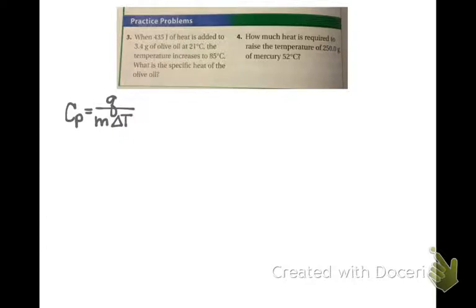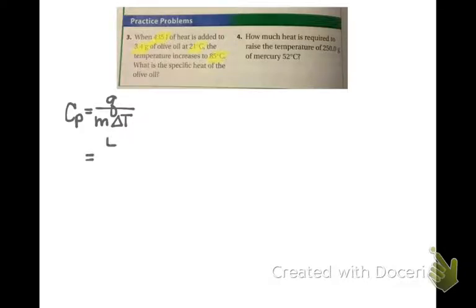And if I look back up in the problem, let's highlight what we know. We know Q is 435 joules. We know mass is 3.4 grams. And then our initial temperature is 21 degrees C, and our final temperature is 85 degrees C. So now I'm just going to plug in the numbers to this equation. Let's go back to the marker.